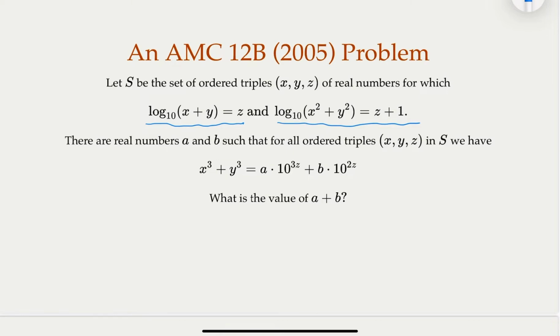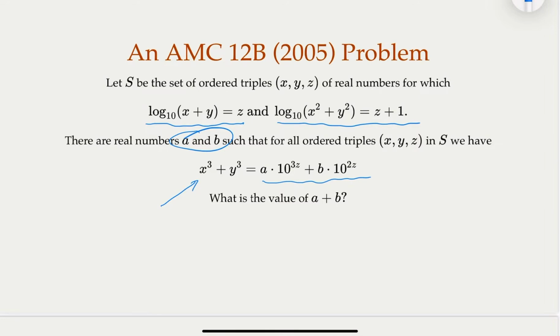And then we have some real numbers a and b such that x cubed plus y cubed equals an expression in terms of a and b. We try to find the sum a plus b.